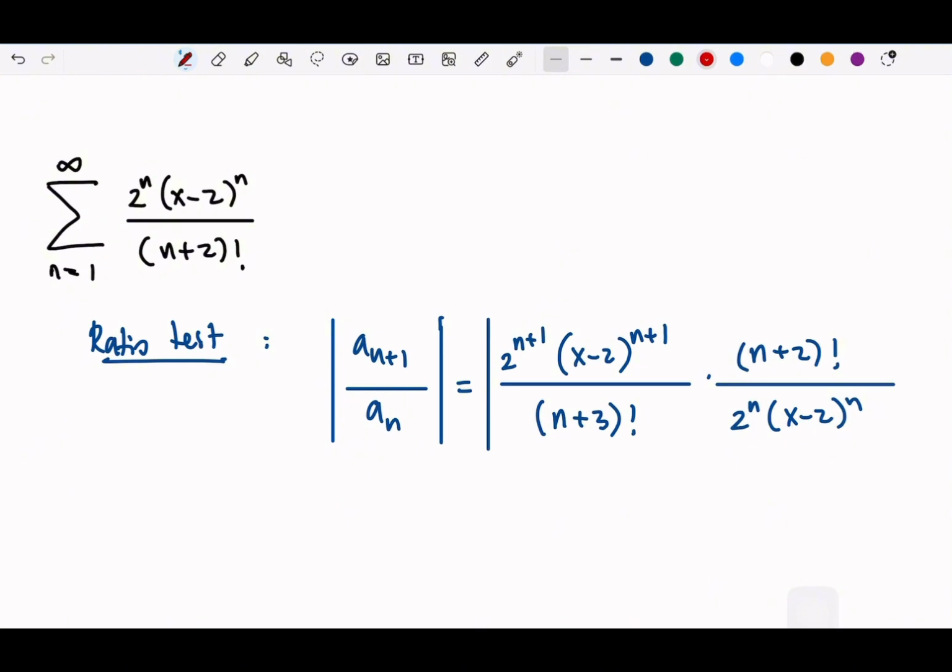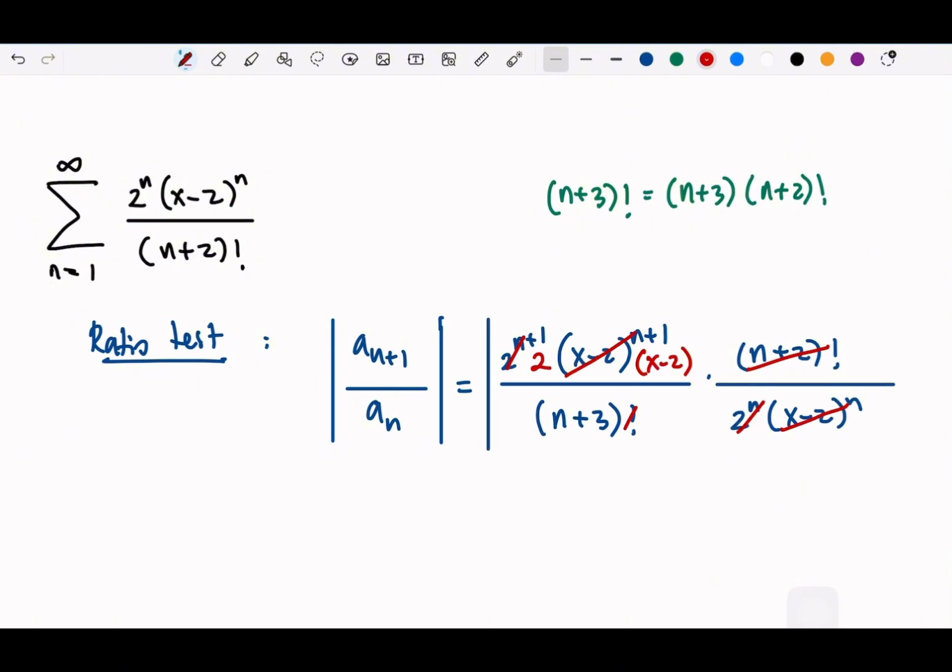Okay, so we can cancel this and that. We'll be left with x minus 2. With this 2 with power of n, we can cancel, so we have 2 in the front. And how about the factorials? The factorials, if you remember, if we have n plus 3 factorial, we can write this as the same, right? Okay, so we can cancel this part with this.